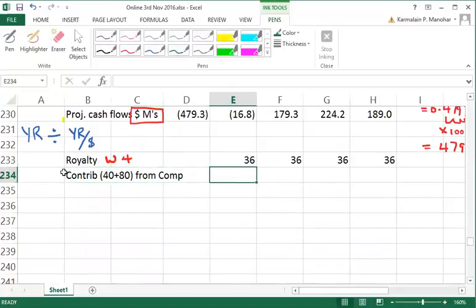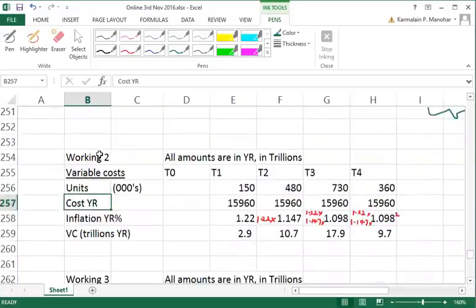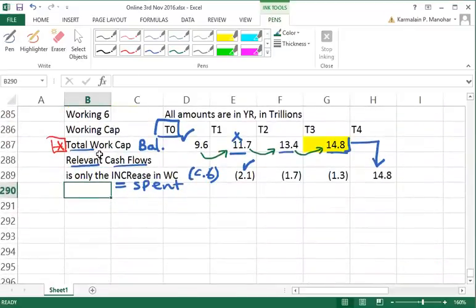So 40 plus 80, and actually I need to inflate it. So I'll have to do that in a working instead. Contribution from component. Working, I think I read 7. Let's go down there and see. 5, 6, 7. Yeah.